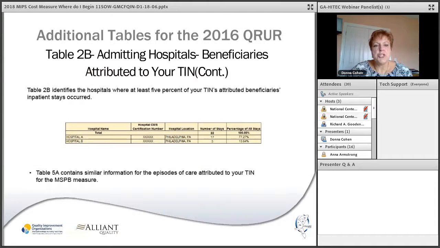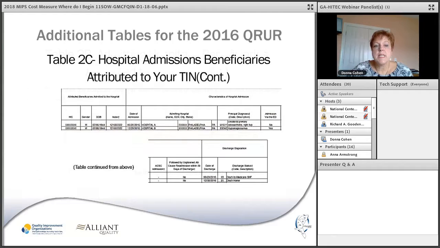Table 2B shows you the hospitals that your beneficiaries were admitted to that were attributed to your TIN. So it shows the number of stays that patients stayed in the specific hospitals that they attended, as well as the percentage, so you can see where your patients are going to for hospital stays. This table is very useful.